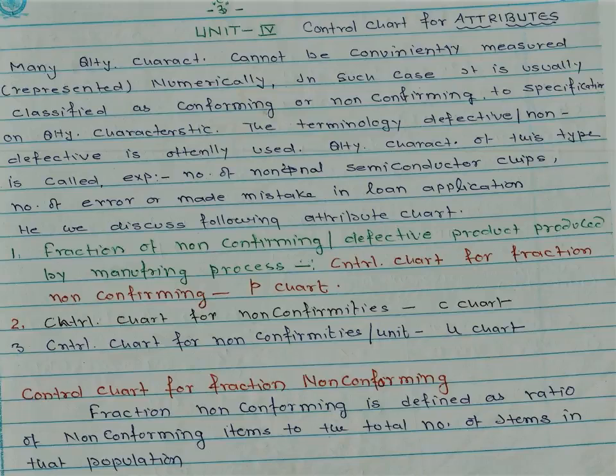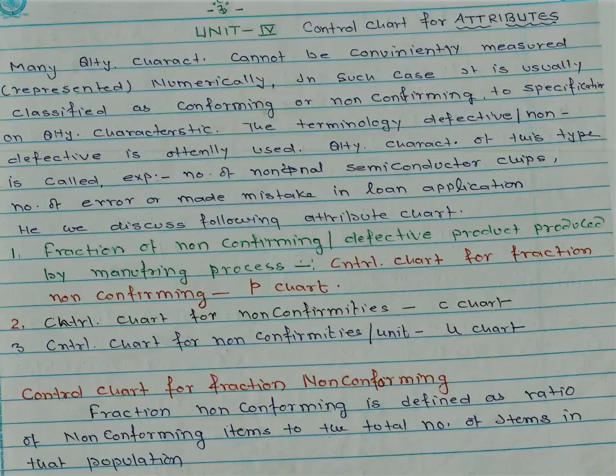That means when we inspect any product, either we confirm the quality characteristics or we do not. So there are only two options. In other words, either the product is defective or non-defective, or either the product is accepted or not accepted.